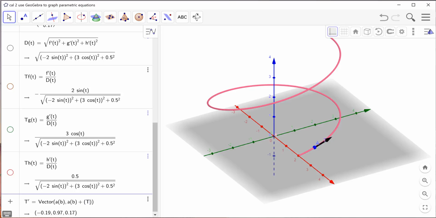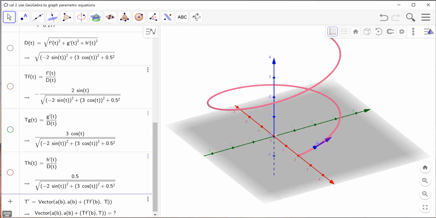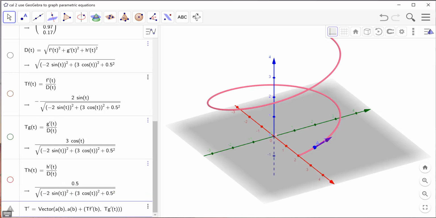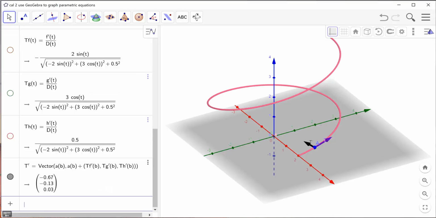We have TF prime of b, because we're taking the derivative of the unit tangent vector, and we have TG prime and TH prime, evaluated at the point B. This is actually the derivative of the unit tangent vector at the point A.